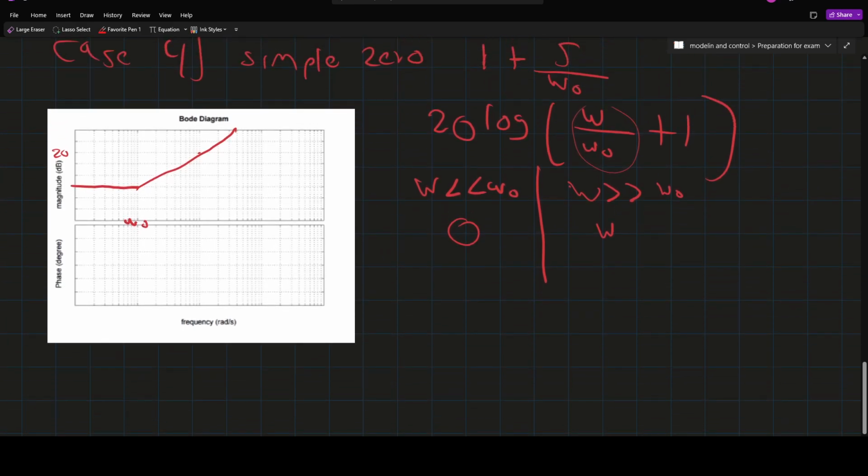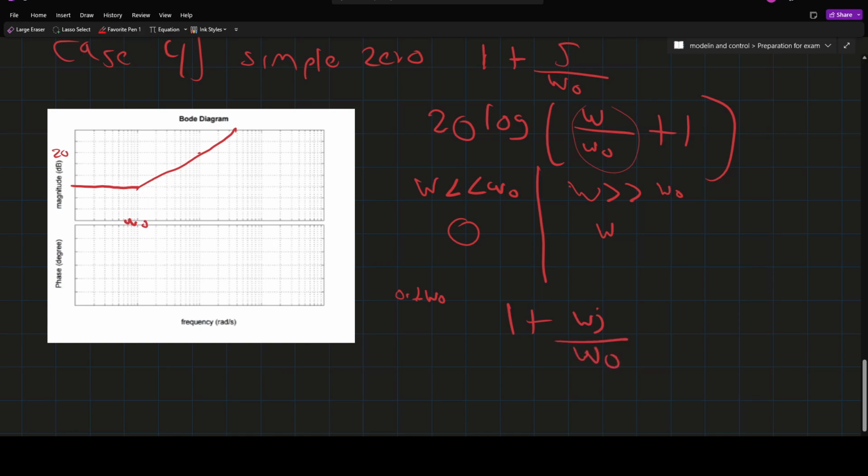Now in terms of the angle, we have to think what happens when this is really, really small. For example, when omega is a lot smaller than omega naught. So let's say that we have 0.1 omega naught. So we know that we are going to have 1 plus j omega over omega naught.